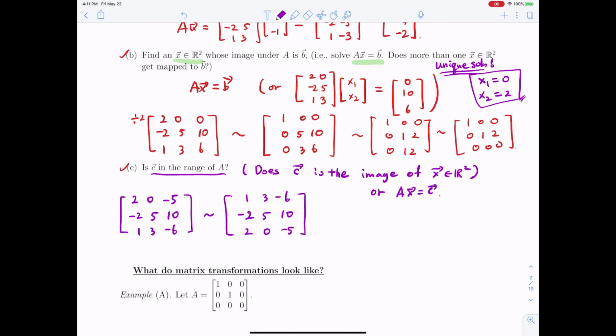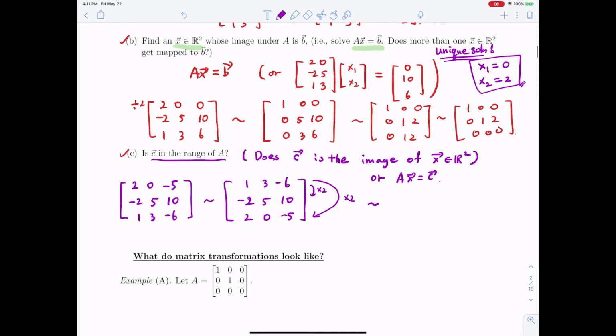And then I'm going to multiply the first row by 2, and then add and subtract from each row. So that gives you 1, 3, negative 6, and I guess 0, 11, and negative 2. And for the last row, we have 0, negative 6, and 7.